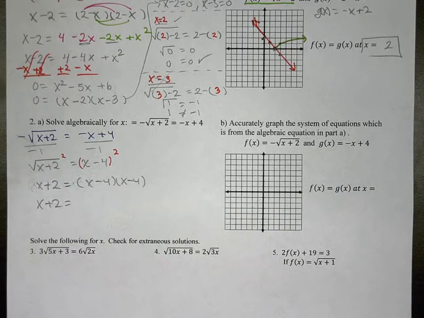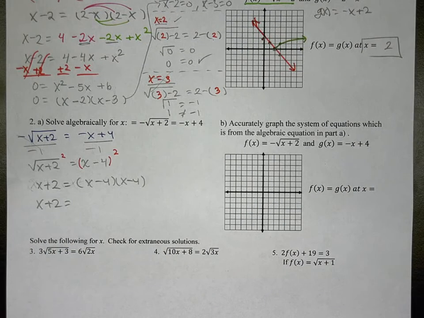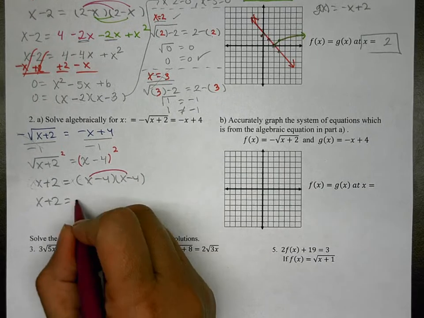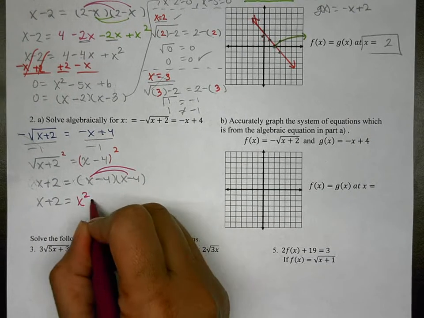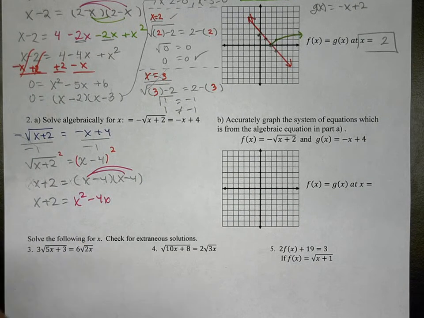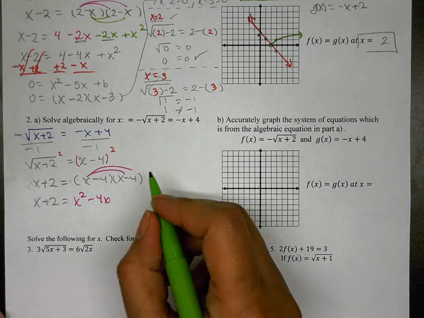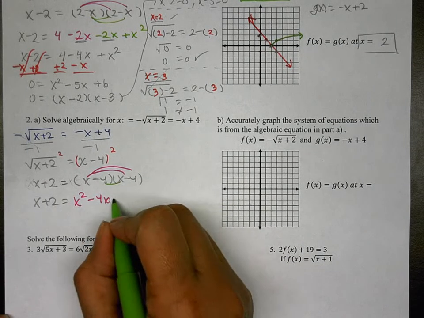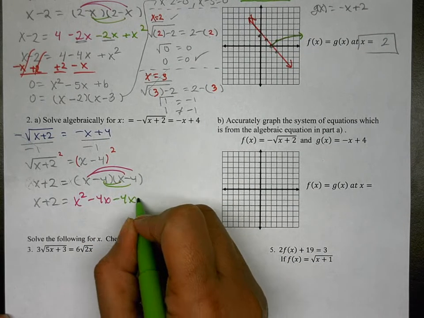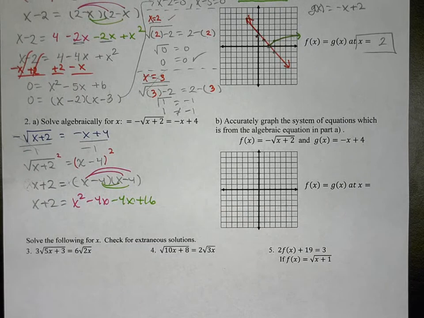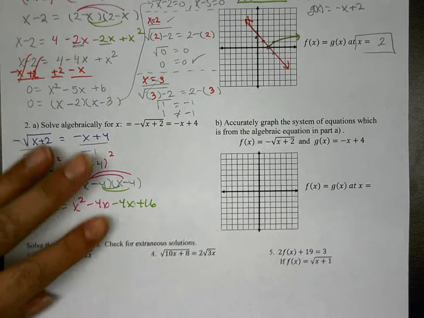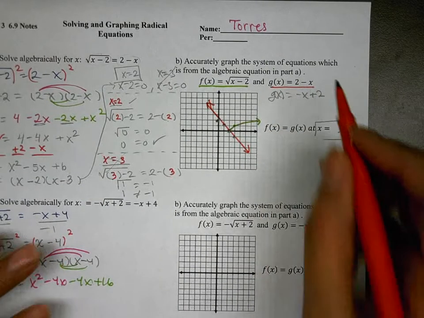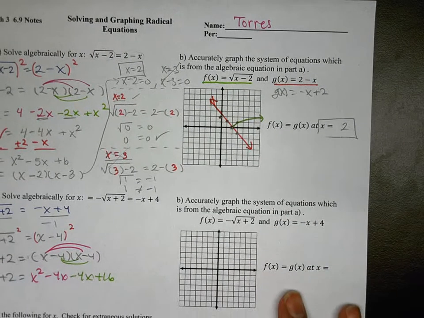X plus 2 equals, and then you double distribute. X times x is x squared minus 4x. Inside is another minus 4x, and then plus 16. And I'm going to come back up here to number 1 and underline that one in red because that's the color I used to graph.